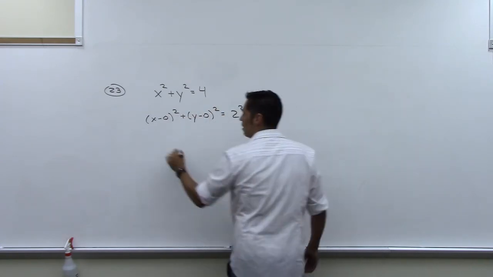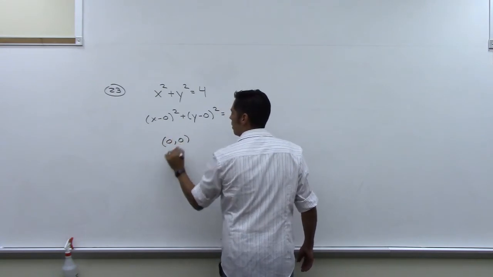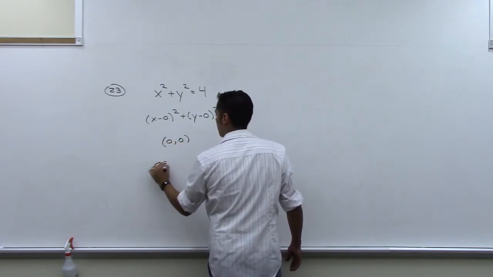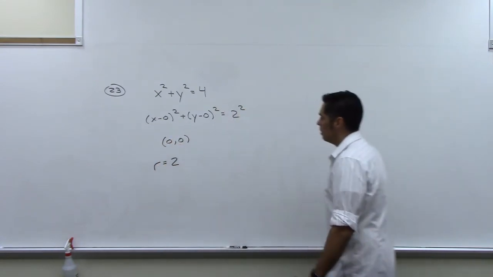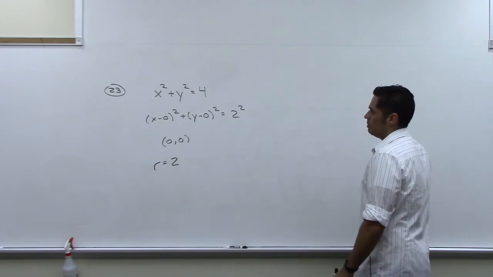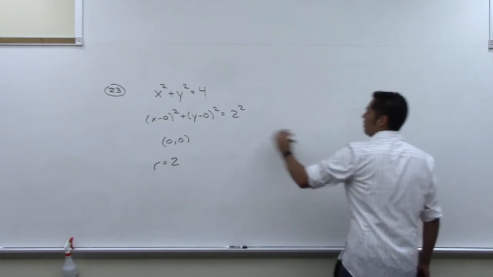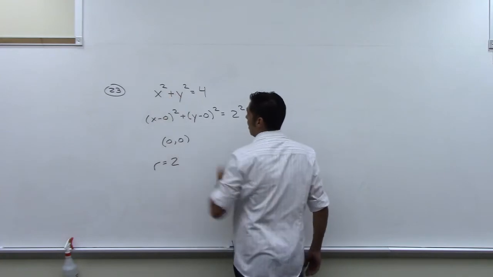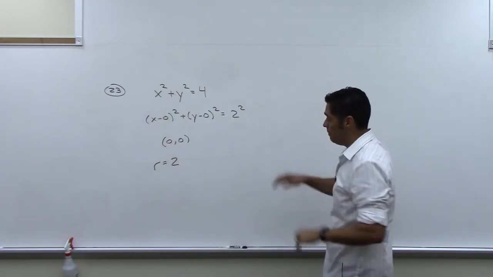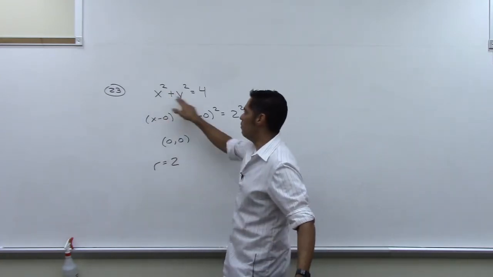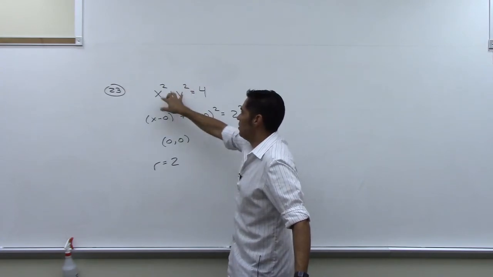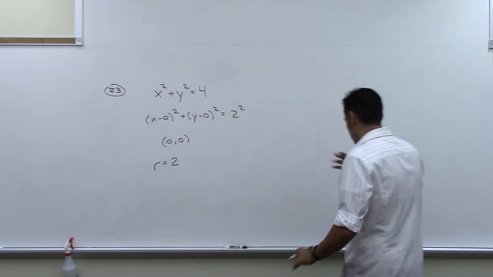So my center is 0, 0, and my radius is 2. Anytime we see x squared and y squared by themselves without any linear x's and y's, this is always centered at the origin.